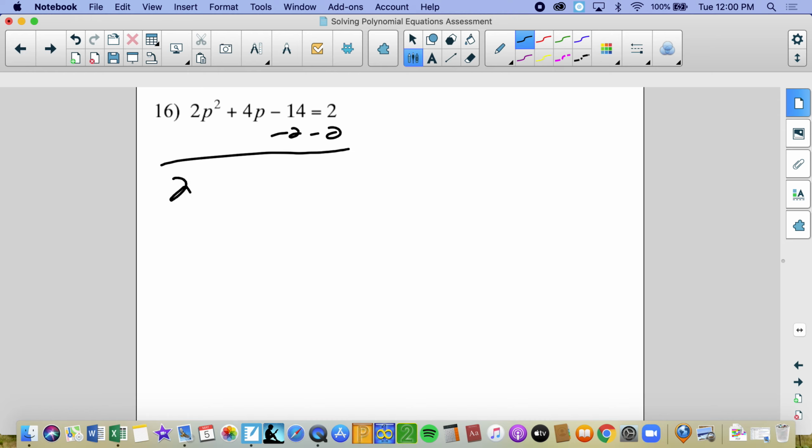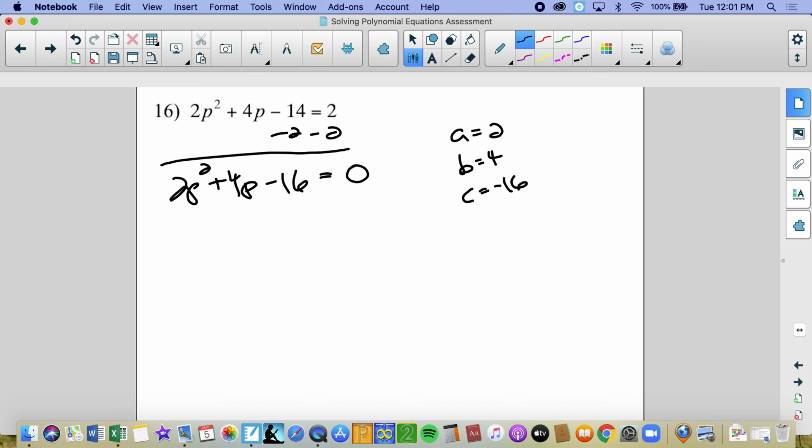All right, first thing, let's set it equal to 0. Make sure that your quadratic equation, your polynomial equation, is equal to 0. So let's do A is 2, B is 4, C is negative 16.